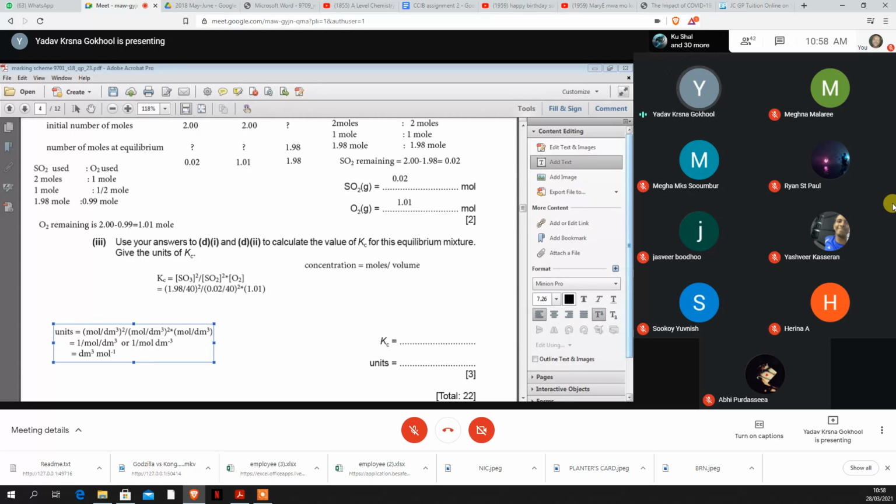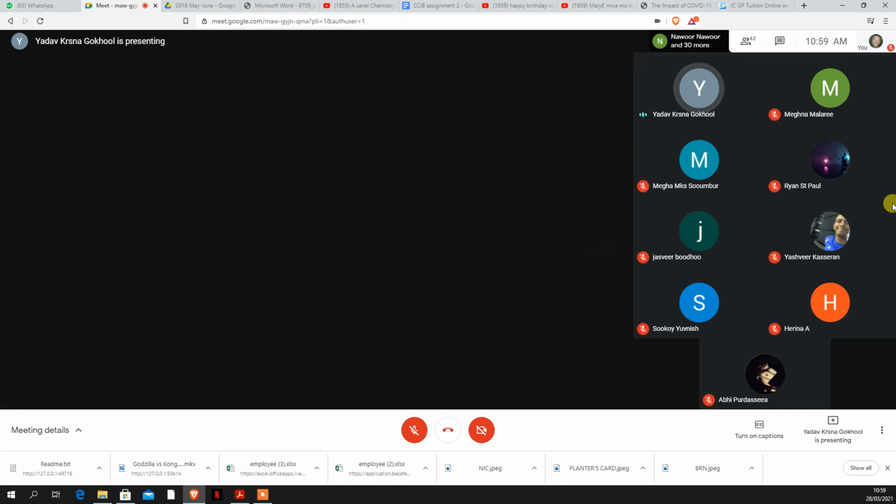So here the unit will be dm cube per mole. I think the value I have replaced it properly. Oh, I made a mistake here. It's divided by 40. I need to divide by 40, right? So the value, just give me 1 sec, I'll calculate it.